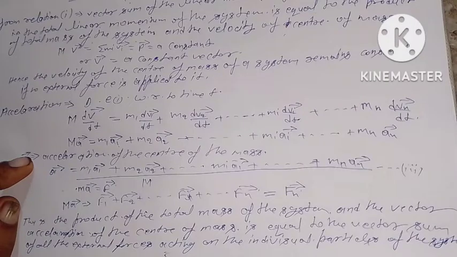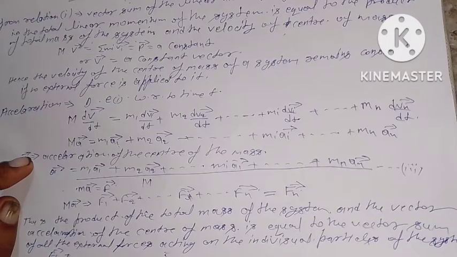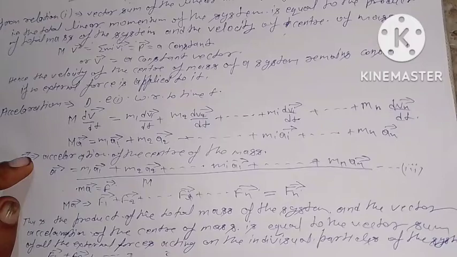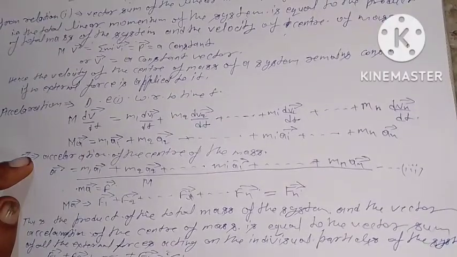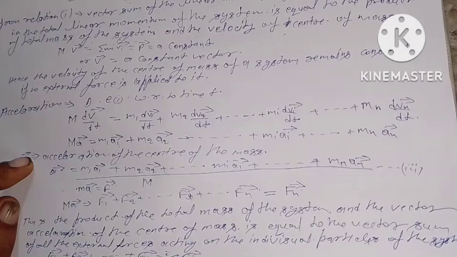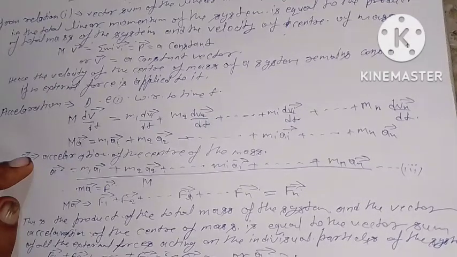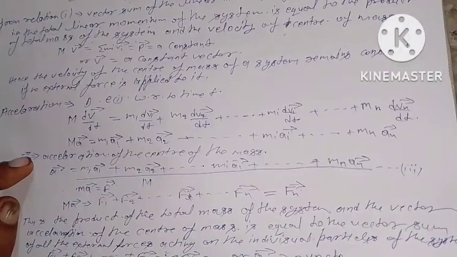If no external force is acting, then F1 vector plus F2 vector plus ... plus Fn vector equal to sigma Fi vector equal to 0, because no external force is acting. Or acceleration vector A equal to 0 vector.